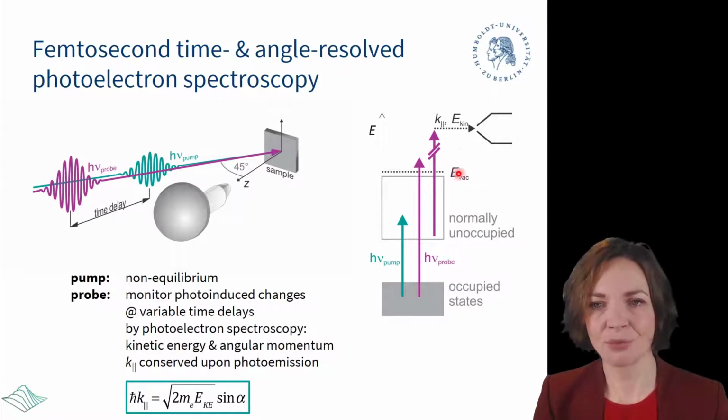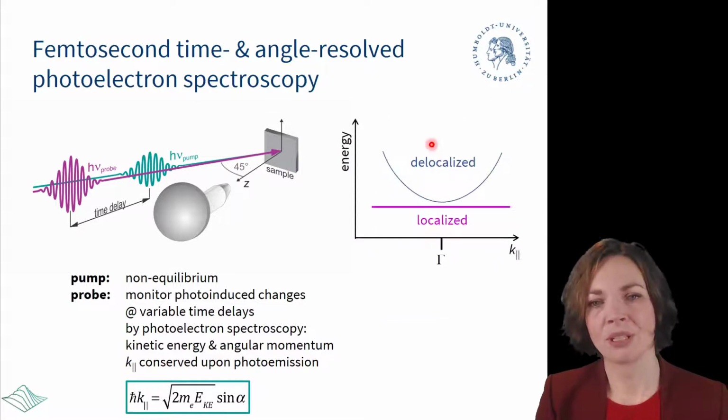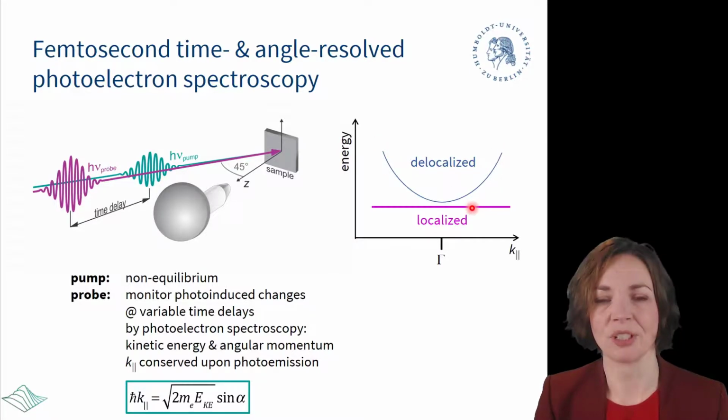We detect the photoelectrons as a function of parallel momentum and kinetic energy, and by that we can also determine their degree of localization and measure the effective mass of electronic bands, their dispersion.